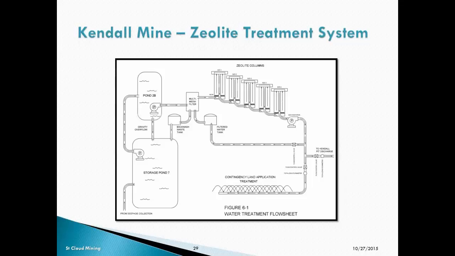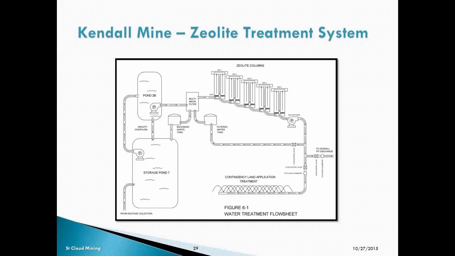Okay, back to the treatment system. Basically, they had to use things that were on site. The original test system was a series of zeolite columns that were upflowed. The overflow went into the next column, went down and then upflowed through a series of columns.